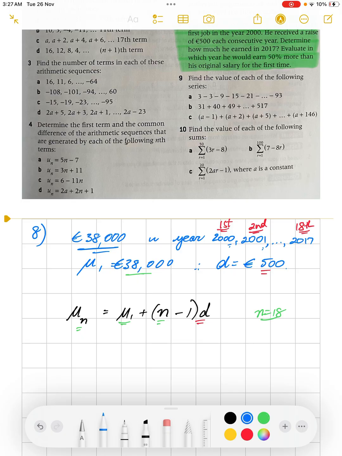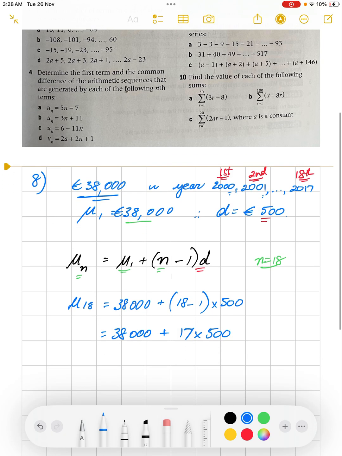So let's do that. The nth term is the 18th term. The first term is 38,000, and we want 18 minus 1 lots of 500. So we've got 38,000, our first year, plus 17 increments at 500 each.